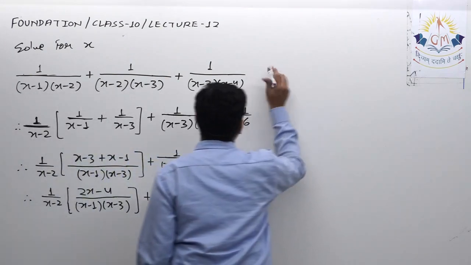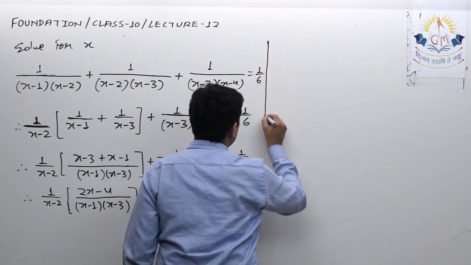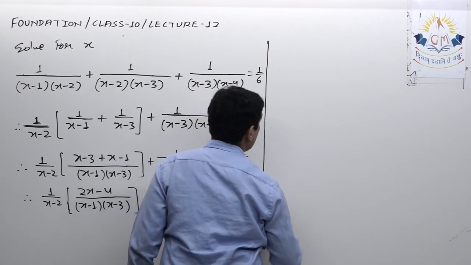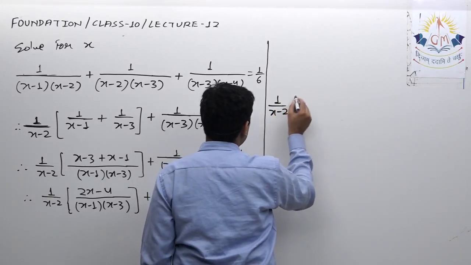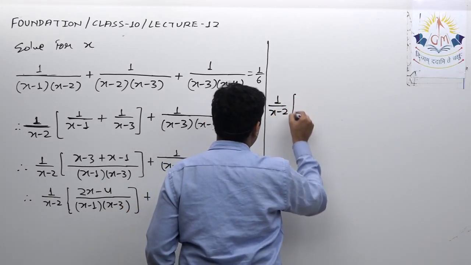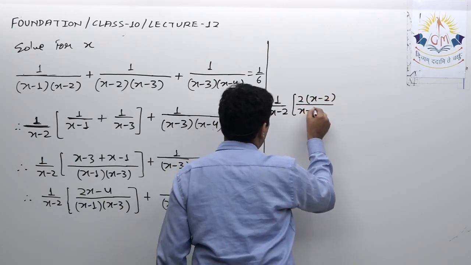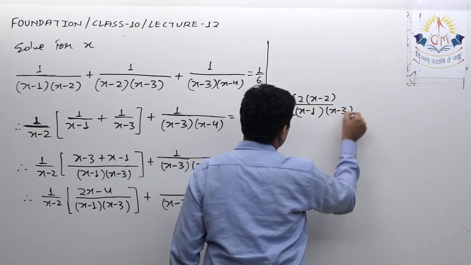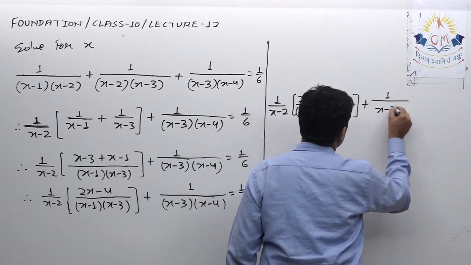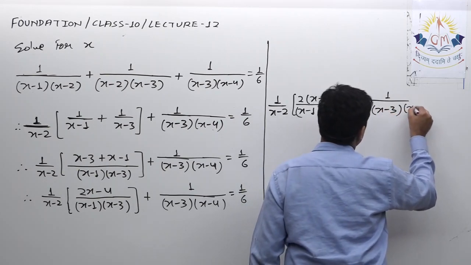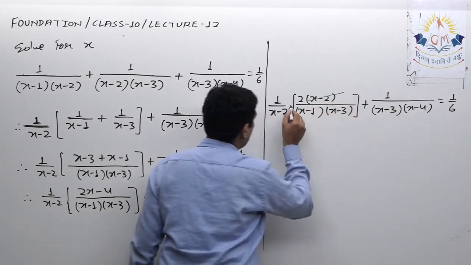So the next step: 1 upon x minus 2, and from the numerator I take 2 common, x minus 2, and in the denominator I have (x minus 1)(x minus 3), plus 1 upon (x minus 3)(x minus 4) is equal to 1 upon 6. So I can cancel this x minus 2.